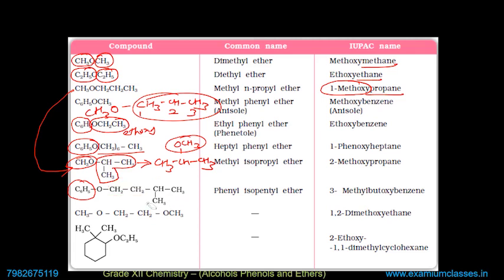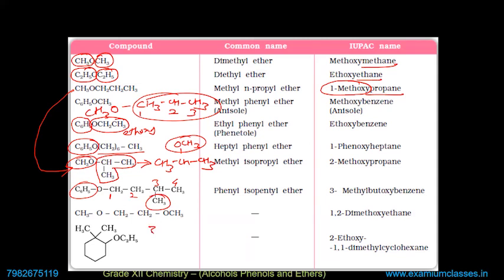So here we will consider this one as the ether group. Okay. And when we consider this carbon as 1, this one will be 2, because it is attached to this main chain. So this carbon which is attached will be 1. 1, 2, 3, 4. At 3, we have a methyl group.